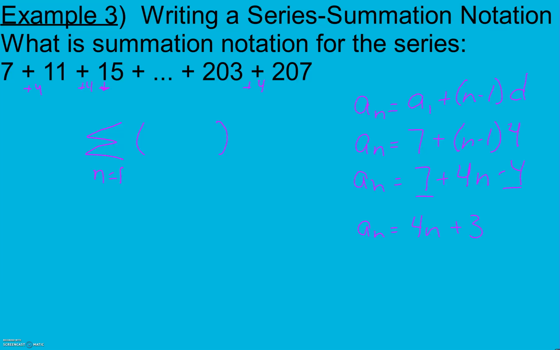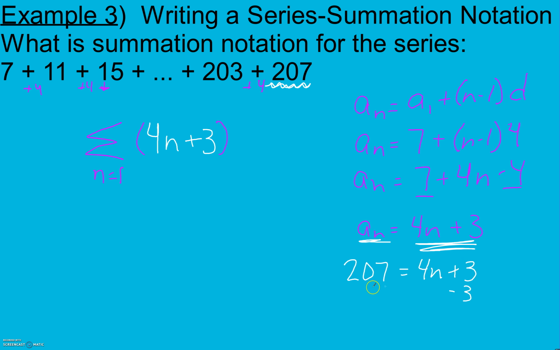So, this right here is my explicit formula for my sequence in simplified form, and that's what I plug into my summation. Now, I still need to know what my n value is, my final n value. So I take my last term and I substitute it in. The value of my term is 207, and I can solve for n here to figure out my n value.